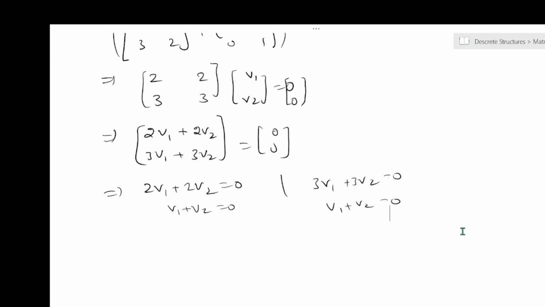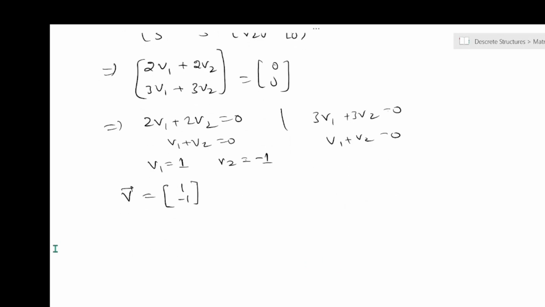You are getting the same thing, and that's why there will be many possible values. You can take v1 equal to 1, and then v2 will be equal to minus 1. Therefore I have got this vector as (1, minus 1). So these are the two vectors. Therefore the required eigenvalues are 4 and minus 1.